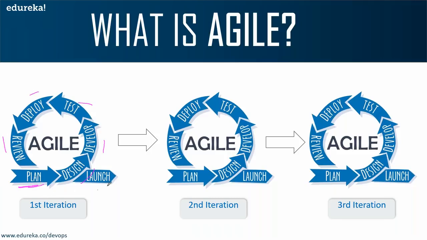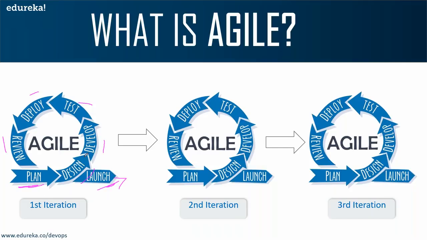If you notice, launch is actually outside of this entire circle, meaning every time you make a change, it could be something as simple as one line of code change, just a variable being renamed. It doesn't matter how small or how big the change is. The idea is that the moment the change is made, it has to be deployed even in a dev environment so that you can get constant feedback on what's happening with the code that you have.